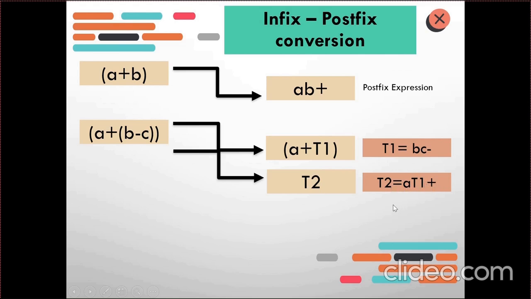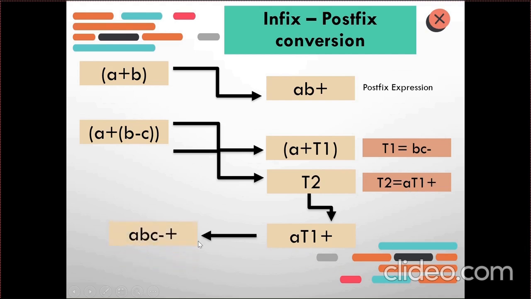Now we would do a sort of back substitution to get the final postfix expression. As I said, these are partial postfix expressions. So our final postfix expression would be generated by following the steps which I would be describing next. Start with t2. What was t2 basically? t2 was a t1 plus. Write it again.